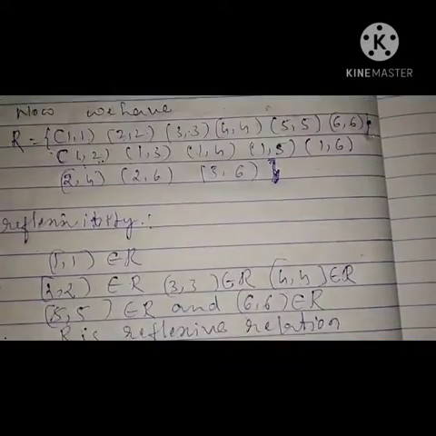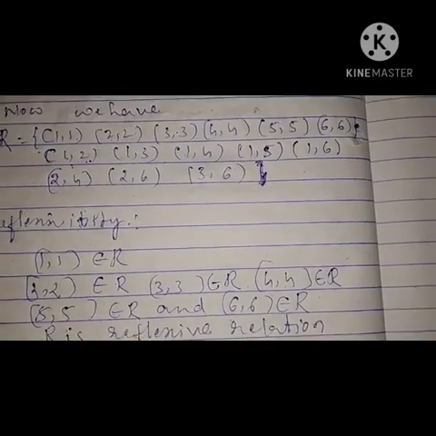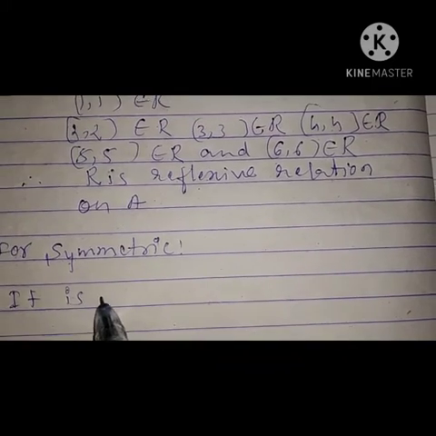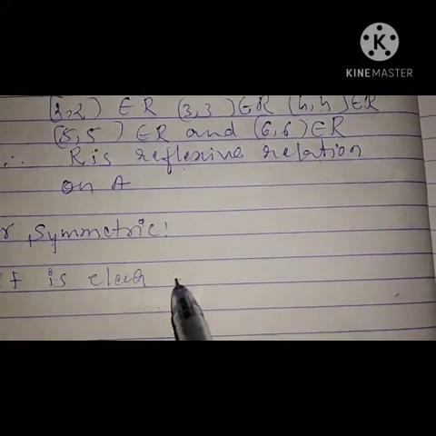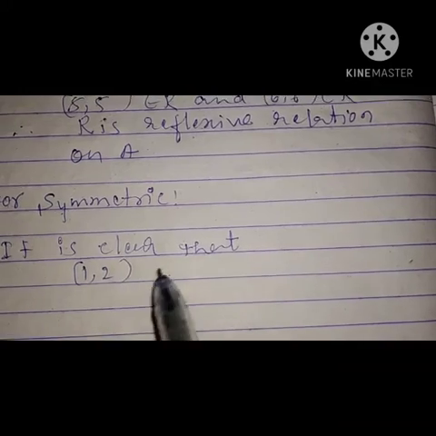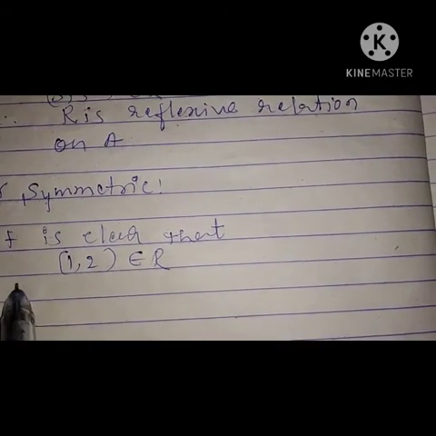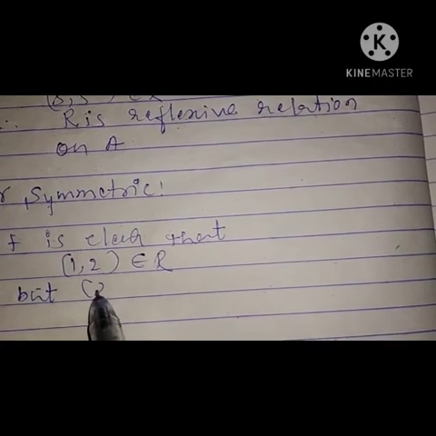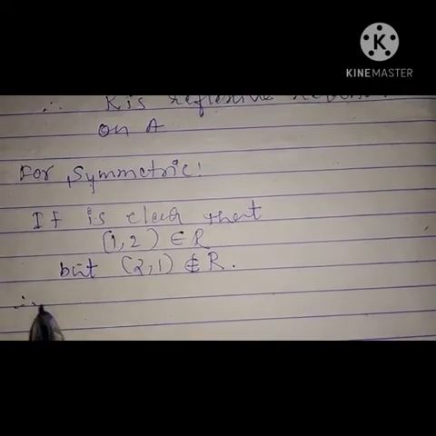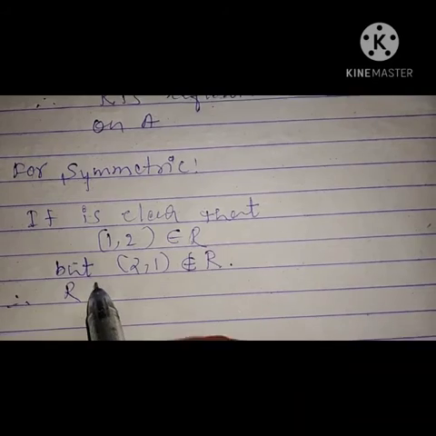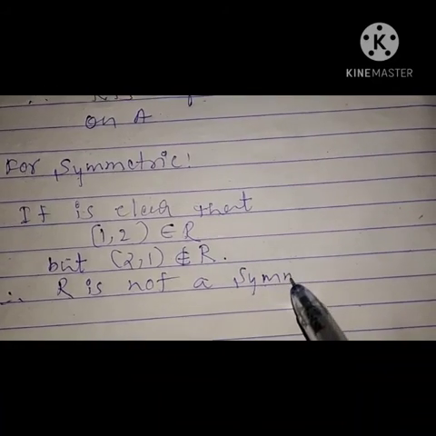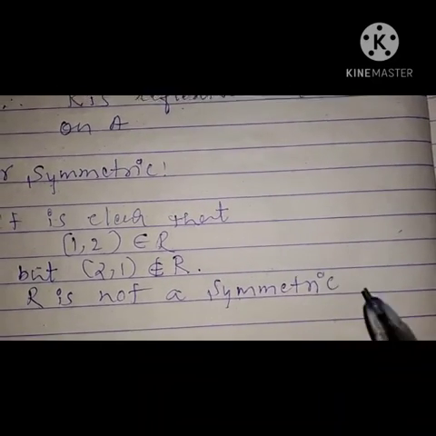It is clear from the set of ordered pairs that (1, 2) belongs to R, but (2, 1) does not belong to R. Therefore R is not a symmetric relation on A.